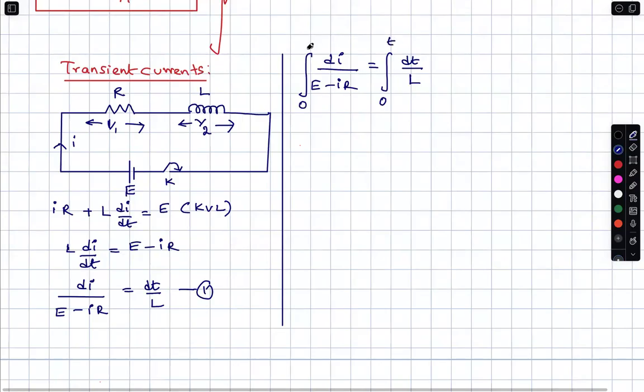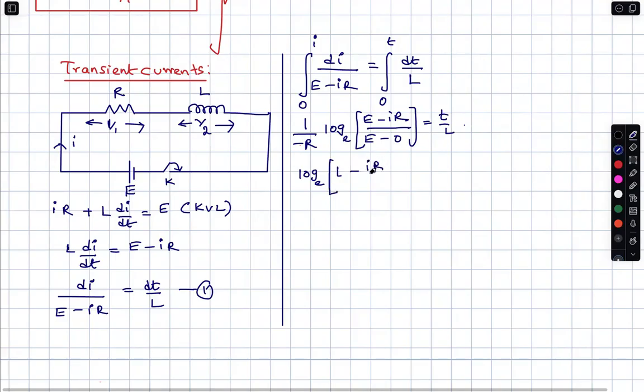At some time t, let the current be I. So this is 1 by minus R natural logarithm of E minus IR by E minus 0 is equal to t by L. So log e of 1 minus IR by E is equal to minus t by L by R.